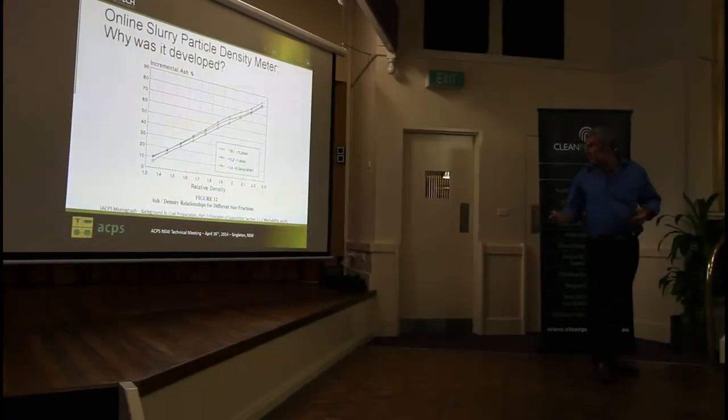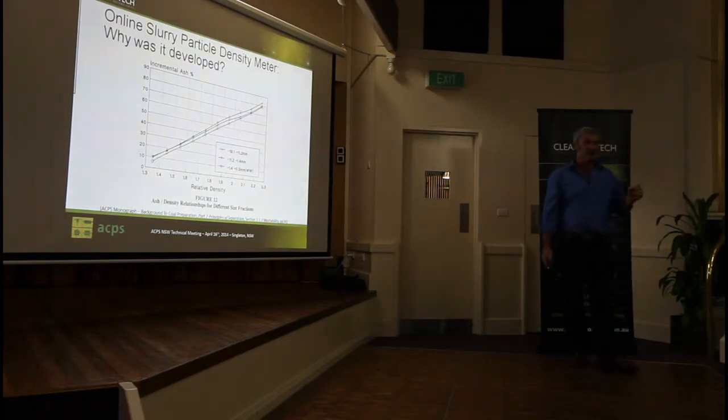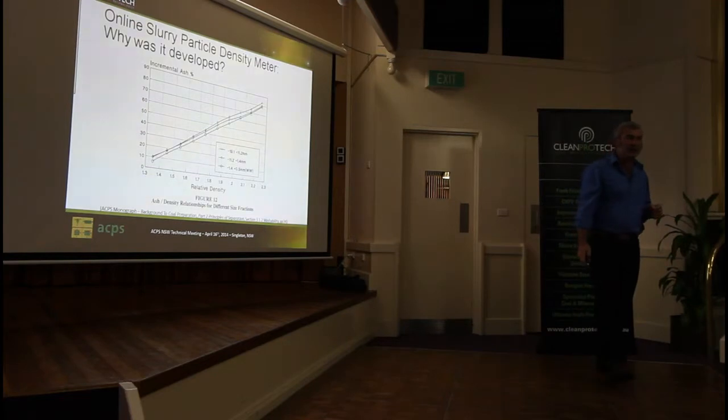This comes straight from the ACPS monographs. We can see particle relative density and ash, quite a good relationship, not a perfect relationship, and it's very important to remember that, but nevertheless, a good relationship. So my thinking went, righto, I'll measure this relative density and I'll control ash.